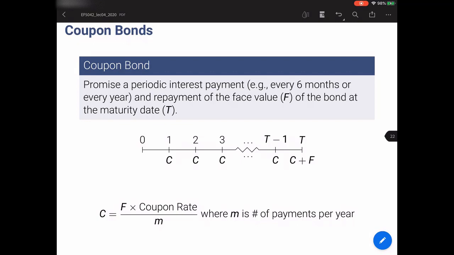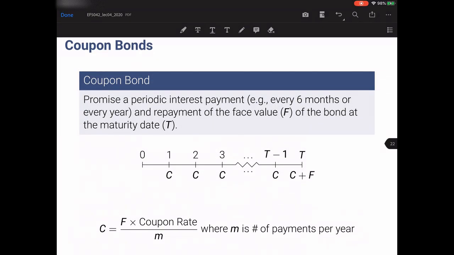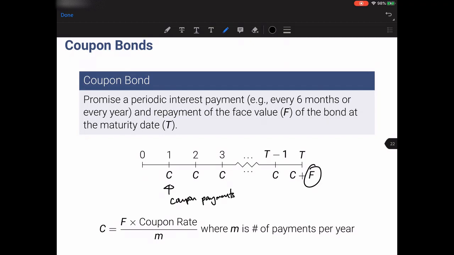And as I said already, at the end of this contract, you get your principal back. And that's what this F variable indicates. So C represents coupon payments that is emitted out to investors or lenders every period. So typically every period is 6 months.